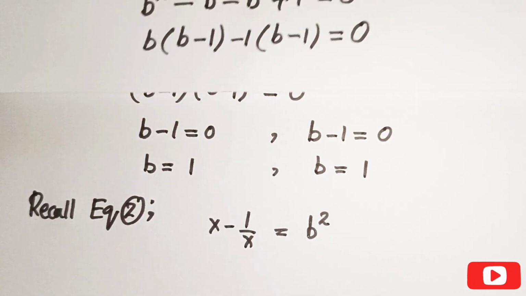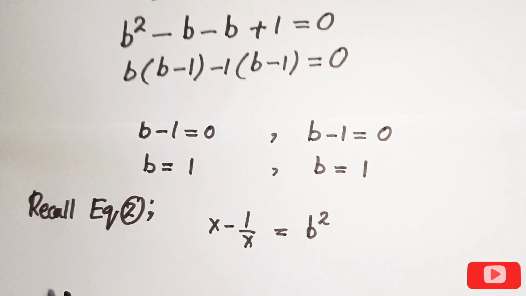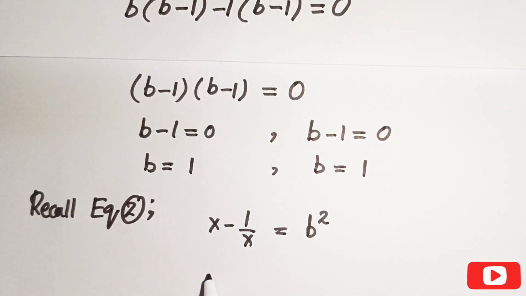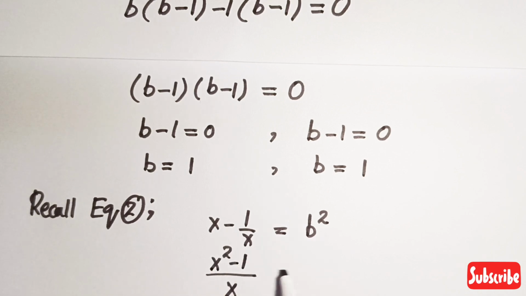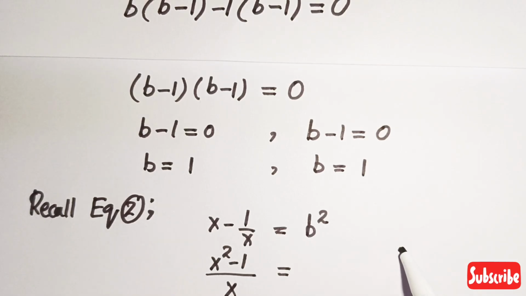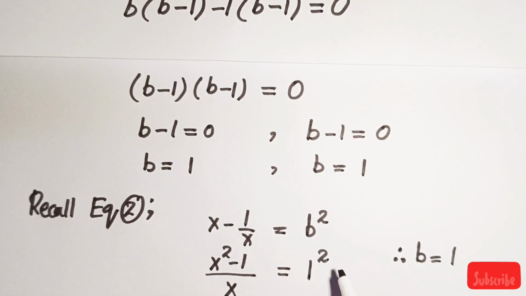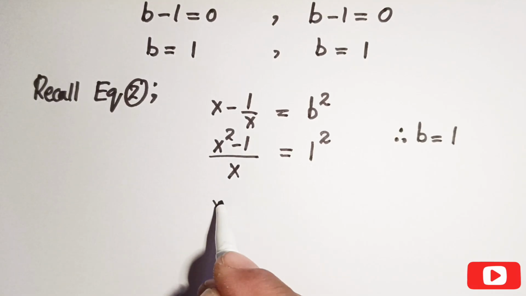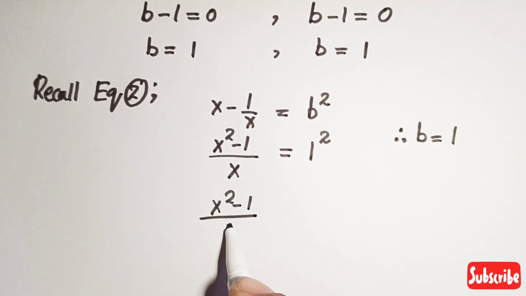So here, if we take x as LCM, we have x squared minus 1 divided by x, that is equal to the value of b squared. As we have b is equal to 1, this b squared will be 1 squared, which is equal to 1.